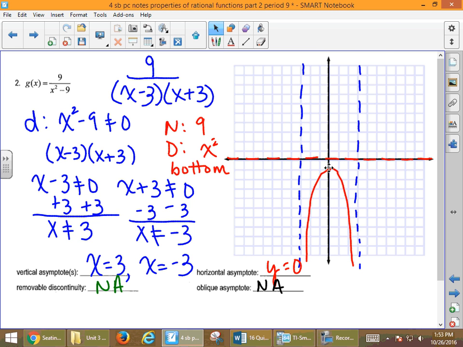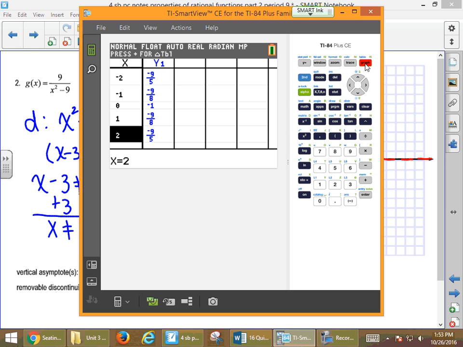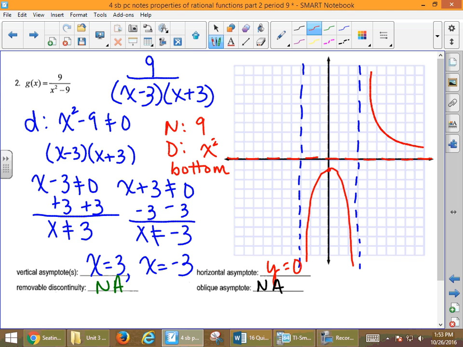And then if we look at the picture one more time, I'm not sure if we can get too many good points, but let's see if we can find something after 3 or negative 3, a decent point to graph. 4, 5, 6, 1/3. We don't really have anything that's going to work for us in terms of being able to find on our calculator. So we've seen the picture and we know that it looks roughly like that.